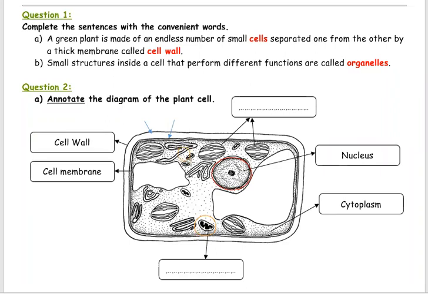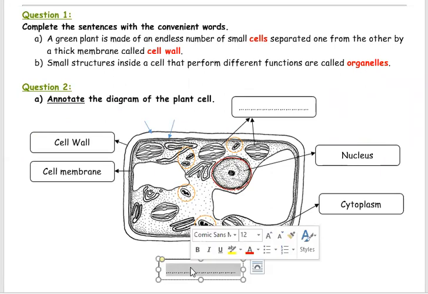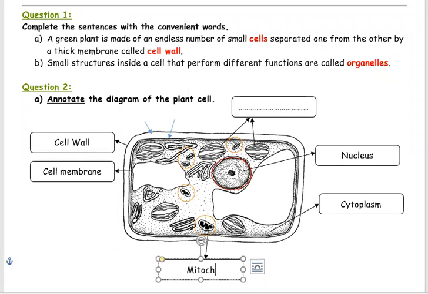Okay, here also, here and here. These are called the mitochondria, and these organelles are responsible for providing or making the energy for the cell. Okay, so these are the mitochondria.